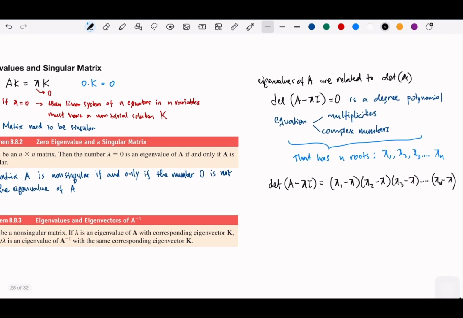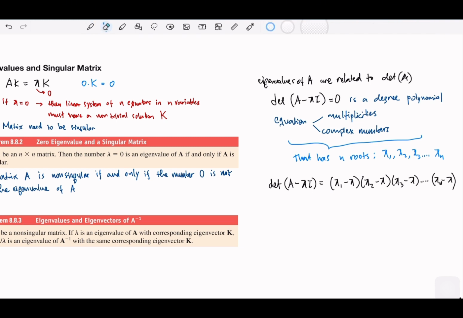Now if we conclude that it has the roots, the determinant of A minus lambda I becomes the product of lambda 1 minus lambda and so on, so basically this is the diagonal matrix.